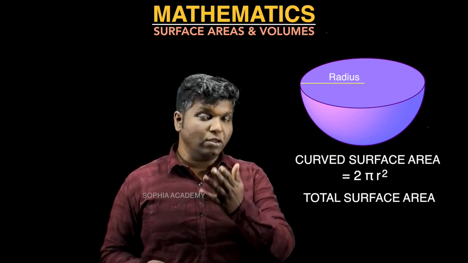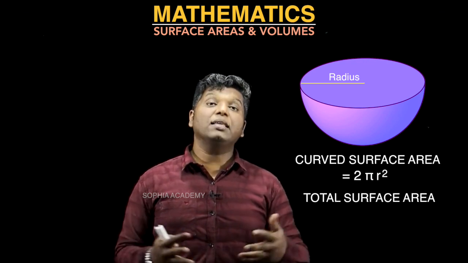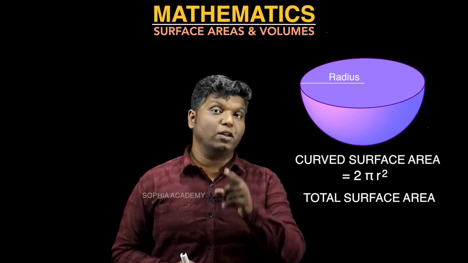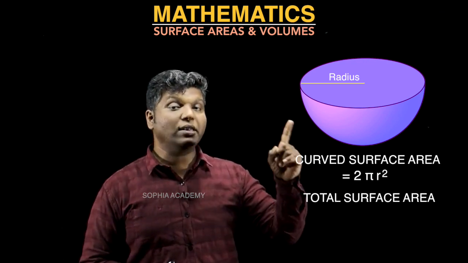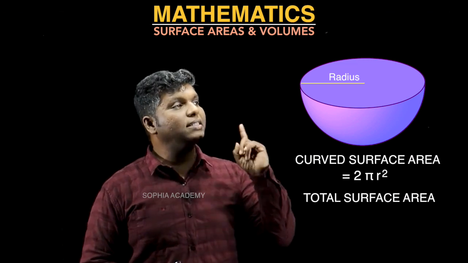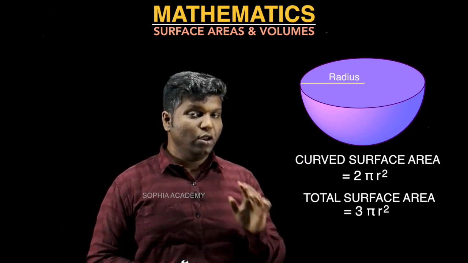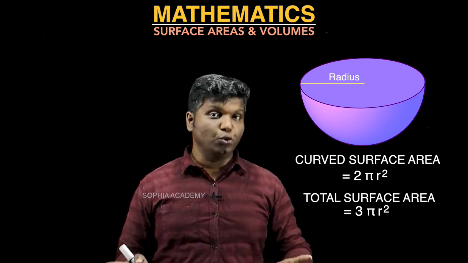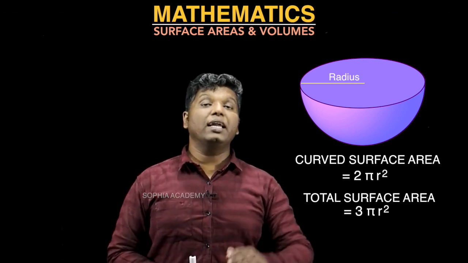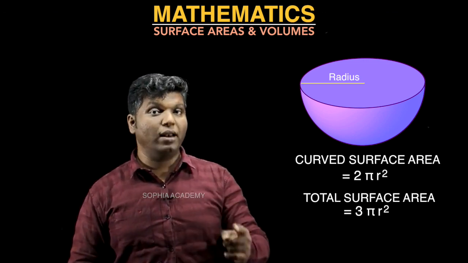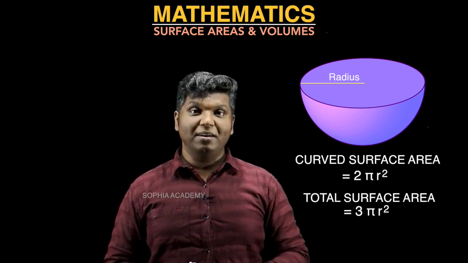It will be pi r square because it's a circle. So adding them together, 2 pi r square plus 1 pi r square, altogether the total surface area, or the TSA, of a hemisphere is 3 pi r square, whereas its CSA is 2 pi r square. So these are the three equations which you have to deal with in this particular exercise.